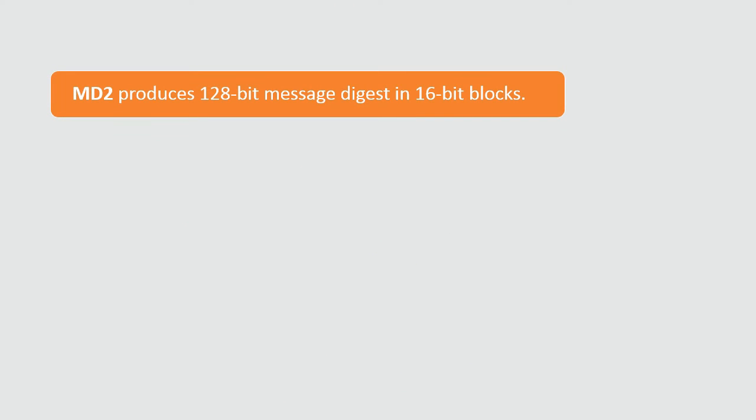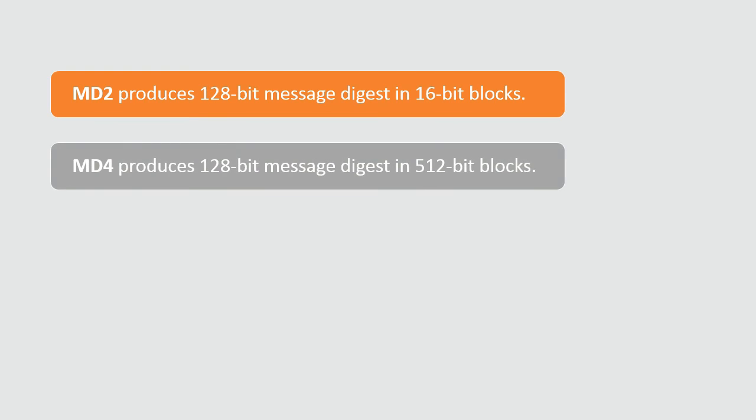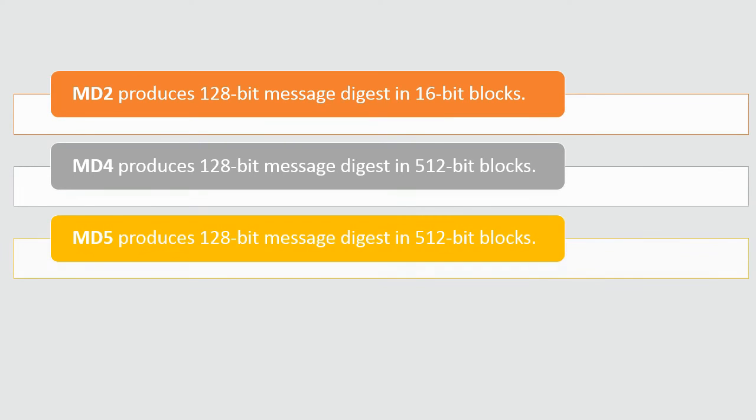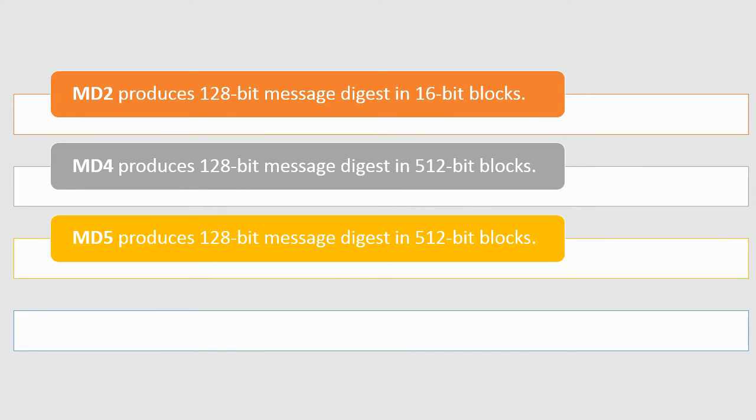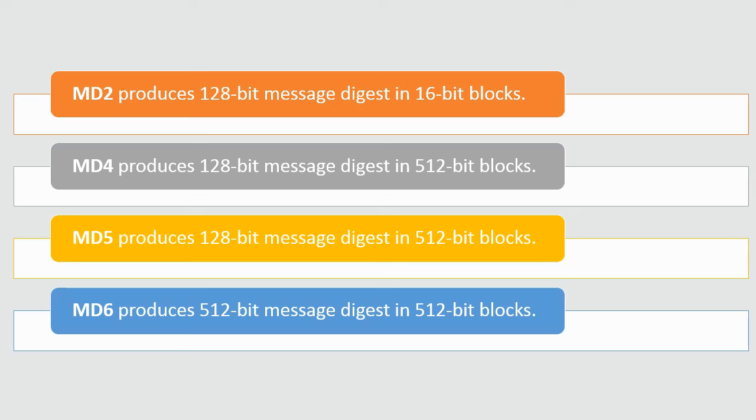MD2 produces 128-bit message digest in 16-bit blocks. MD4 produces 128-bit message digest in 512-bit blocks. MD5 produces 128-bit message digest in 512-bit blocks. MD6 produces 512-bit message digest in 512-bit blocks.